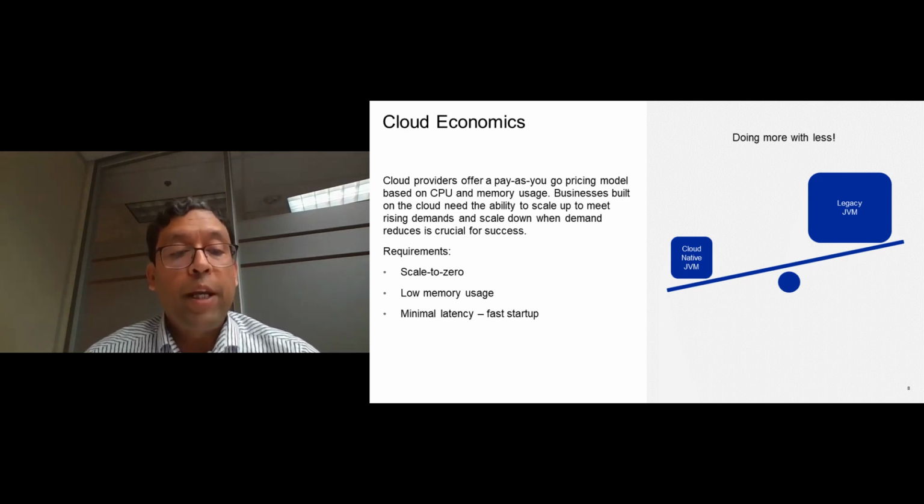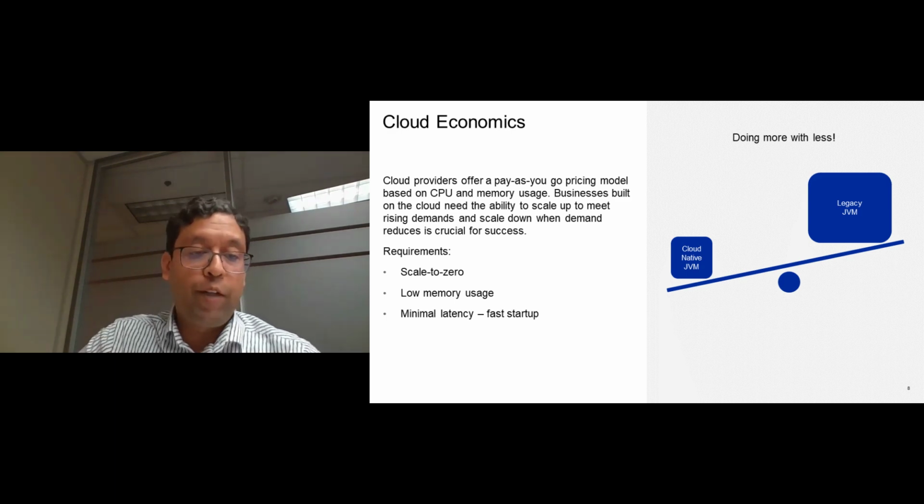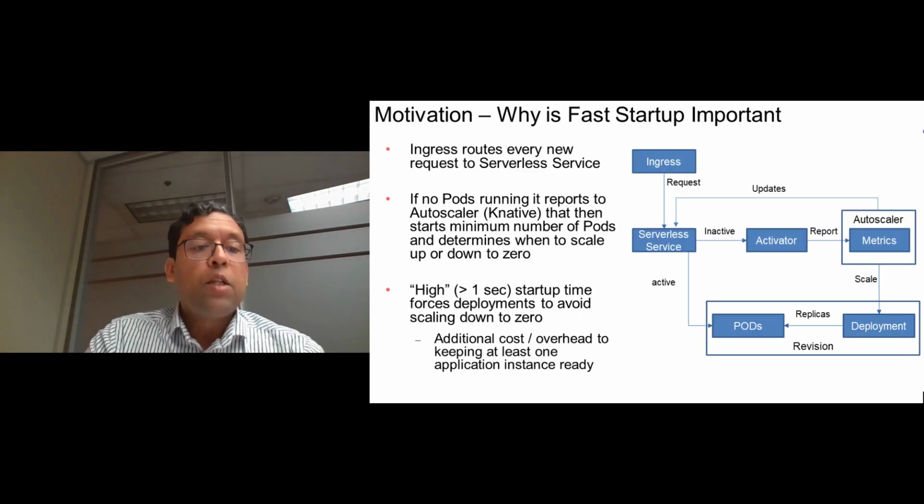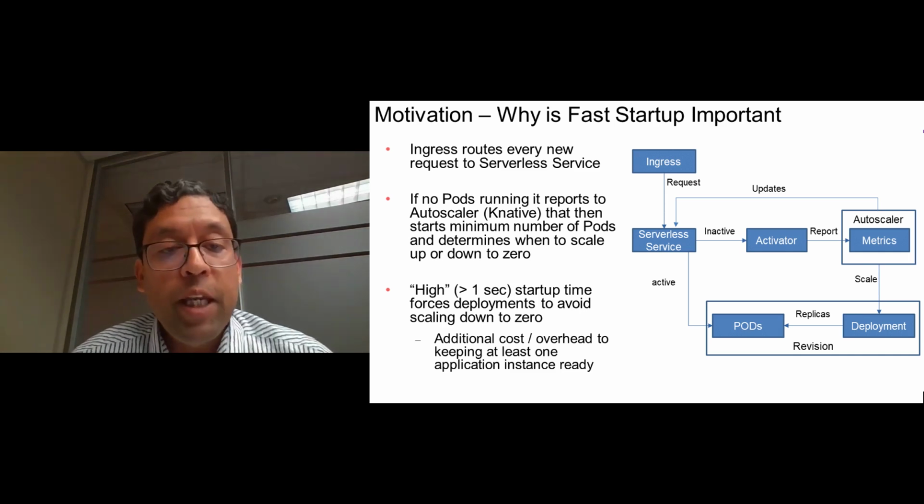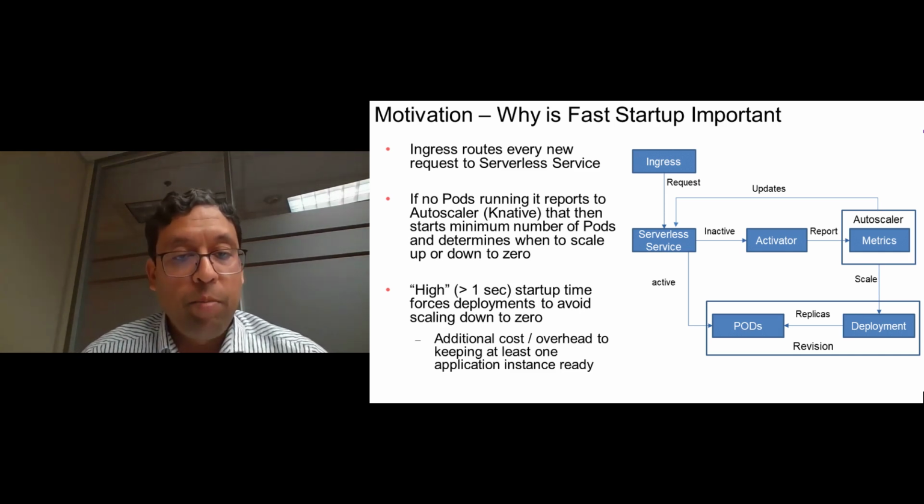And also, when you want to bring up new instances, that should happen really quickly so that you can handle requests with a minimum amount of latency. So this means in turn that fast startup is important at all levels. It's important in the Kubernetes layer, it's important at the Knative layer, but it's also important in the Java frameworks themselves.